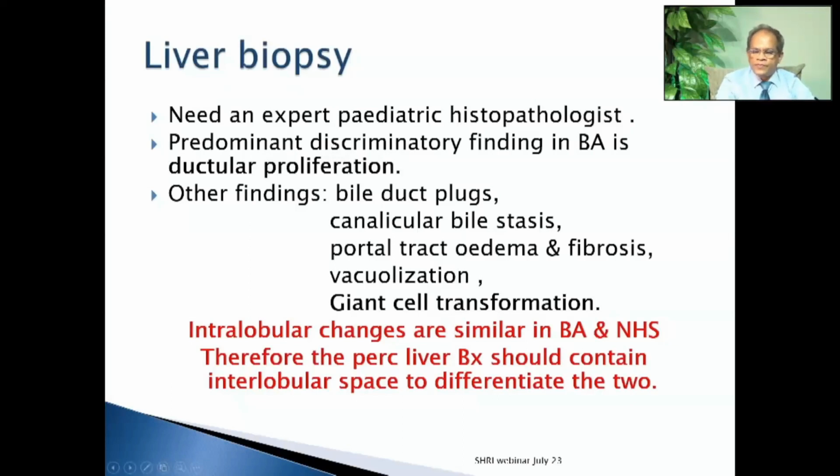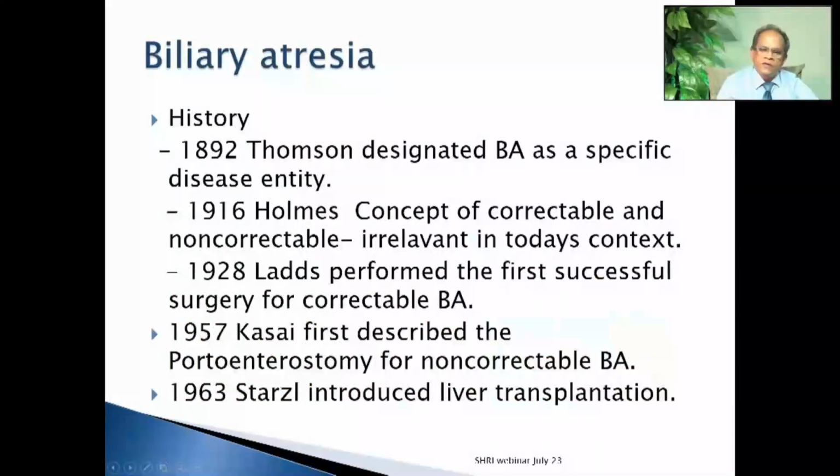neonatal hepatitis syndrome. And a little bit of the history of how the treatment of biliary atresia evolved. In 1892, Thomson was the person who first described or designated biliary atresia as a specific disease entity. Until then, it was all grouped together as jaundice patients. He first demonstrated that there is this entity where there is biliary obstruction due to absence of the extrahepatic biliary tree. Then in 1916, Holmes derived the concept of correctable versus non-correctable biliary atresia.